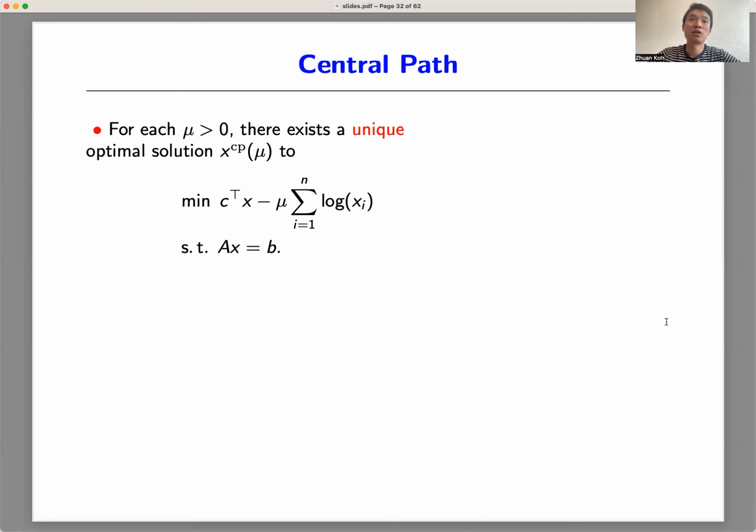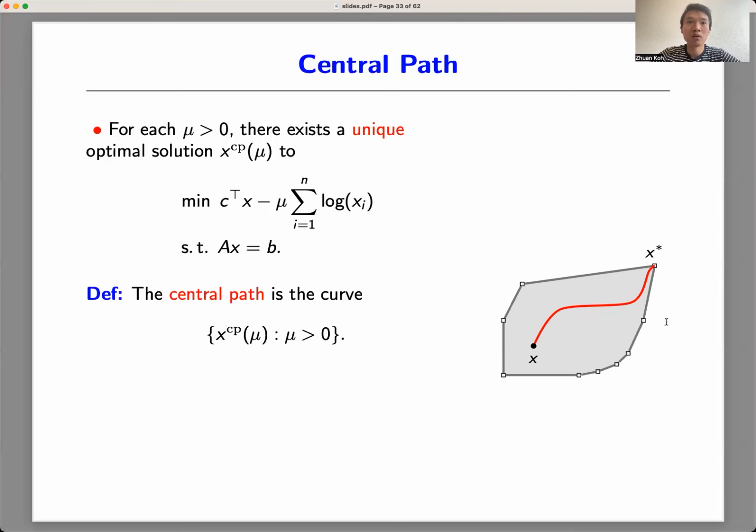Now, because this is a strictly convex objective function, for every value of mu, there is a unique optimal solution to this convex program. So if we denote x_CP(mu) as the unique optimal solution to the convex program and collect all these optimal solutions, this set of solutions carves out a curve in space, which is called the central path.